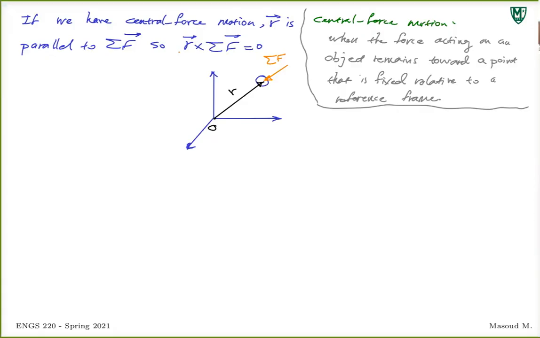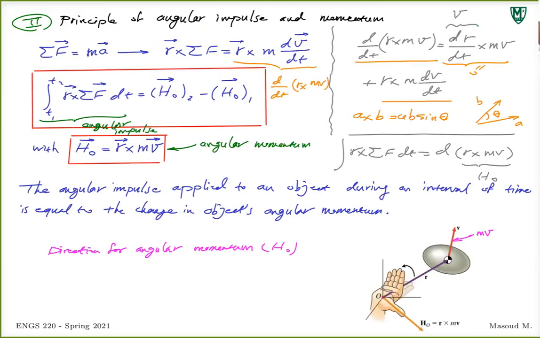Now, what happens is that R and F always stay parallel, or aligned or collinear, but parallel is a better, more general term. So in the left side of this equation, the integral of R cross F, a cross product is the first vector times the second vector multiplied by sine theta.